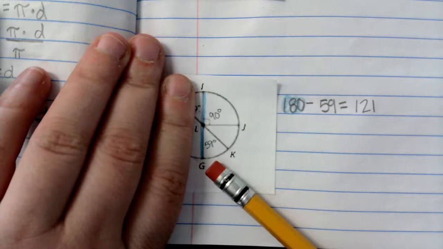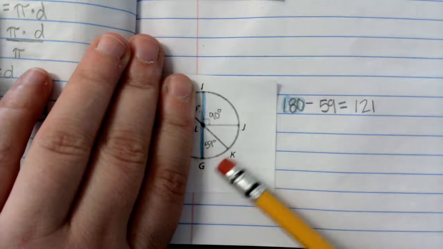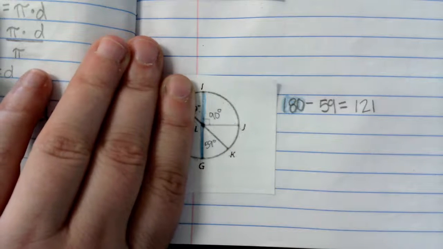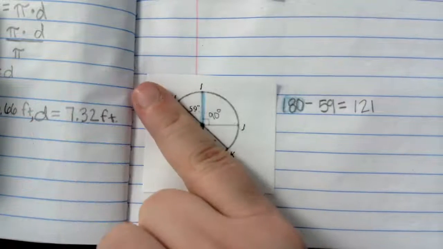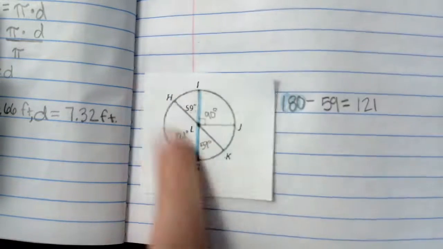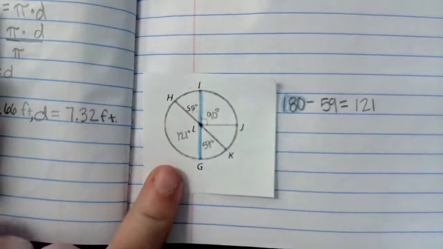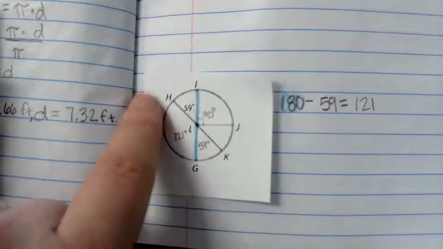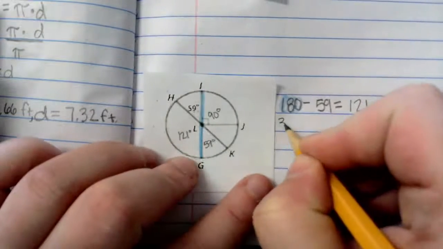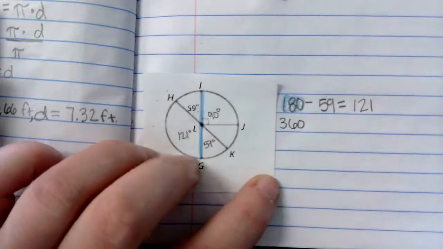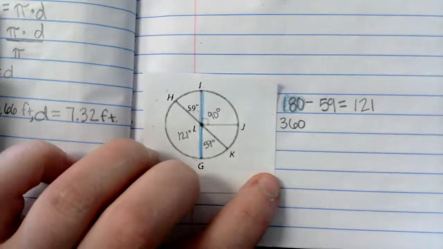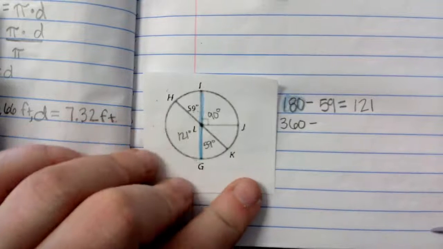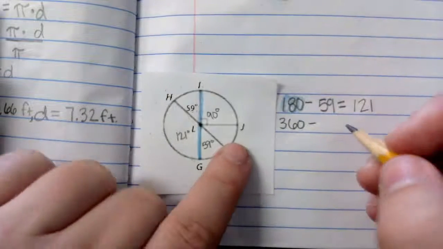If you want to do it a different way, that's fine too. I just wanted to note it in our notes. 360 minus, what's one of the angles? 90 minus 59 minus 121 minus 59. 180 when you know you have a half circle.